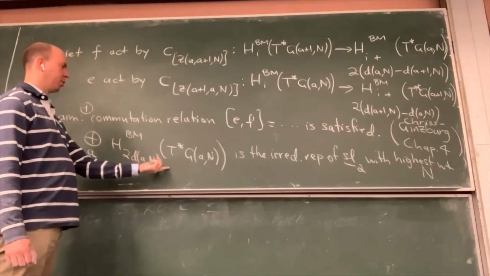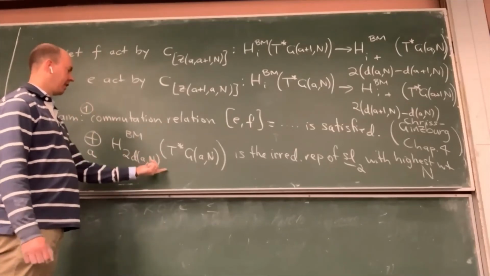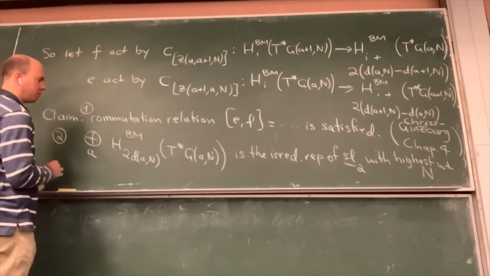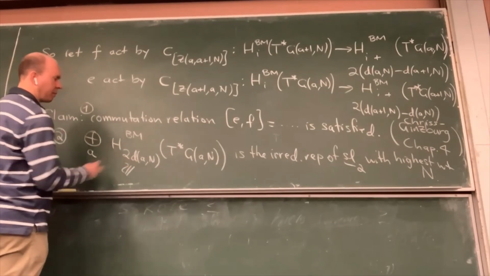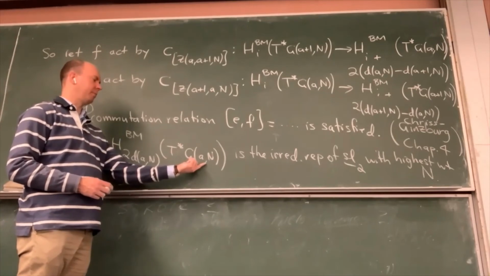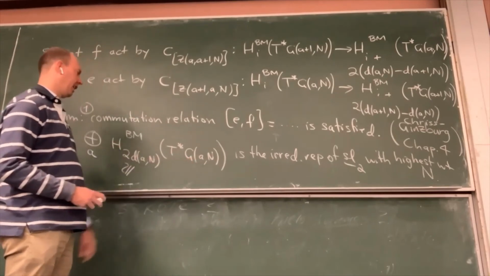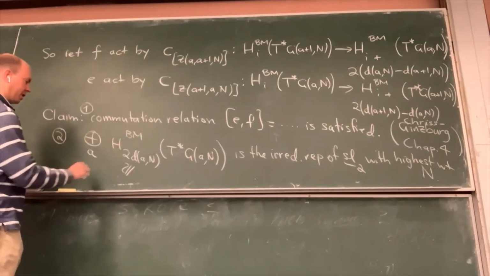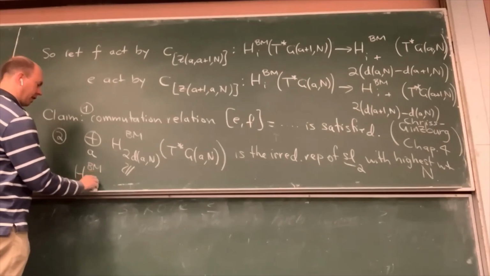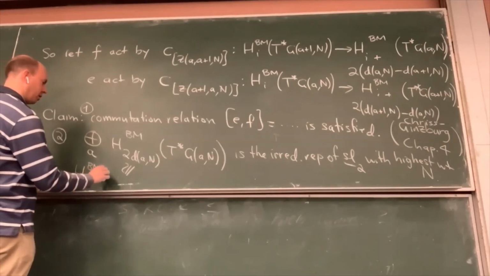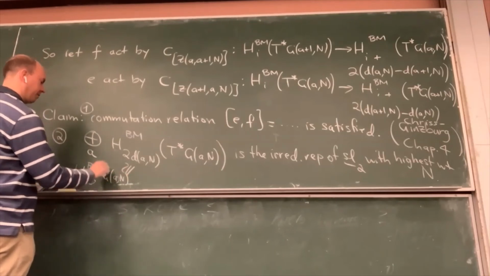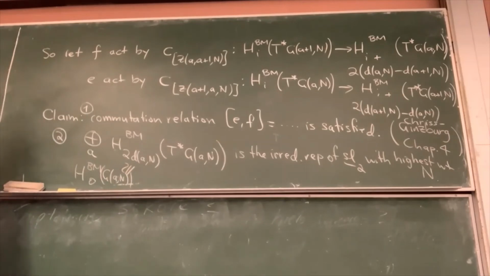So the reason this Borel-Moore homology group is one-dimensional is that this is a cotangent bundle, a vector bundle over GAN with fibers of dimension DAN. You can show using the definition we had before that this is isomorphic to the Borel-Moore homology in degree 0 of GAN, not the cotangent bundle.